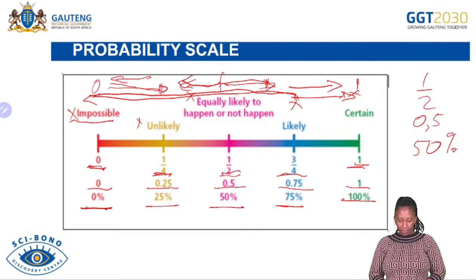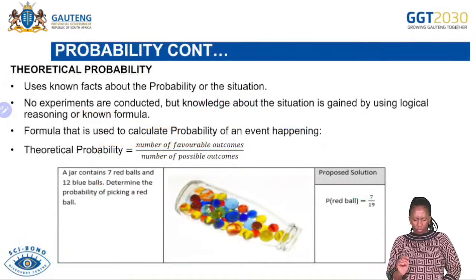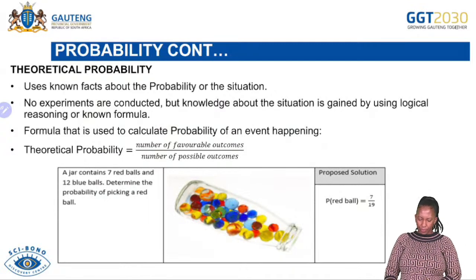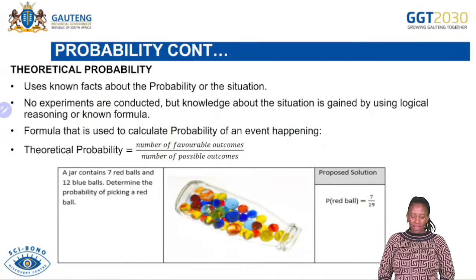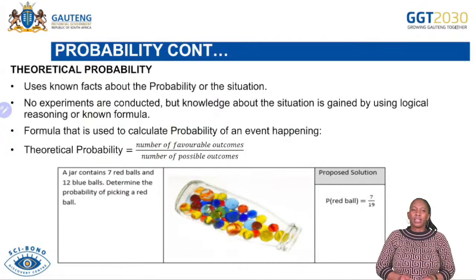Now let's see the examples. Before I even go to the examples, let me just conclude with these two. This is the first one, the theoretical probability. Remember, theoretical means it's theory, we don't have to carry it out.